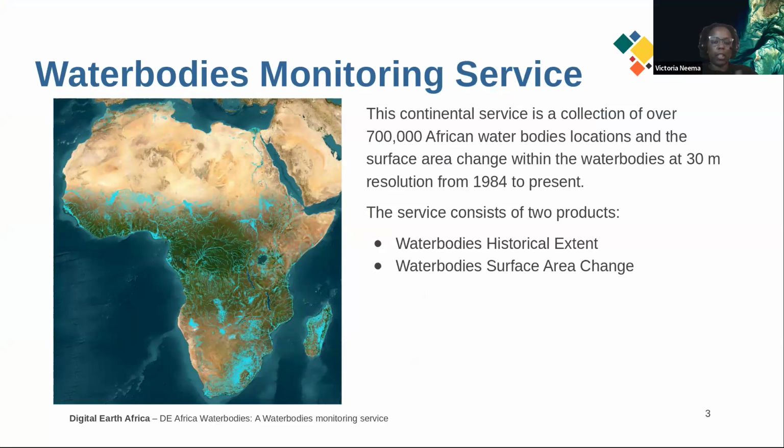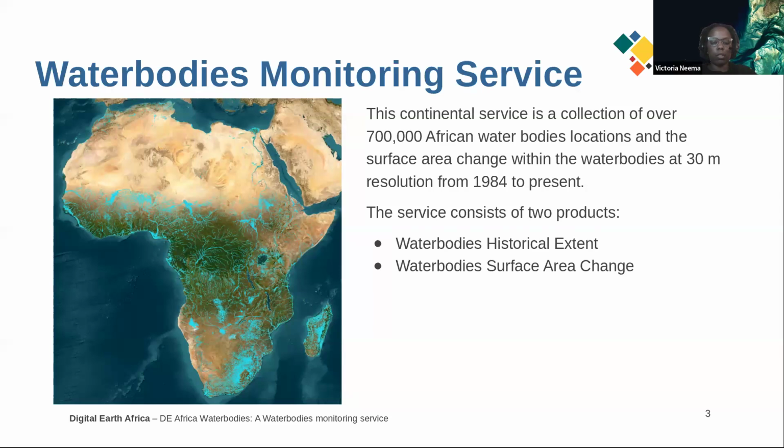For example, the crop type workflow eventually translated to generating the 2019 cropland extent mask that we currently have on our platform as one of the continental services that we provide. Same with the water bodies monitoring service.